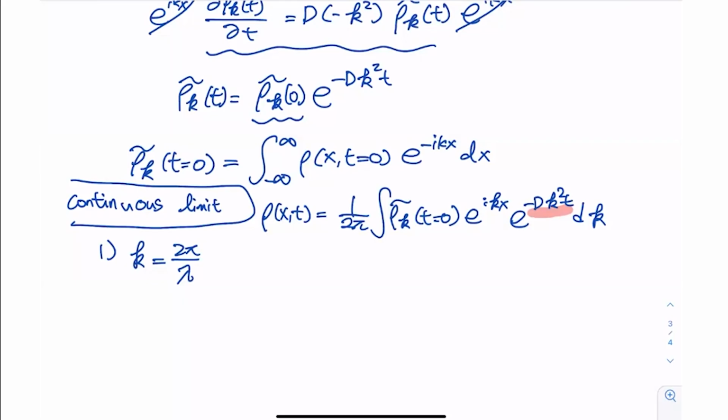And another thing that we can learn is that in order to understand how this density profile evolves, we need to do an integral to evaluate rho K tilde.